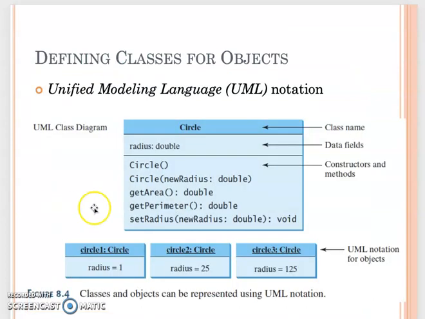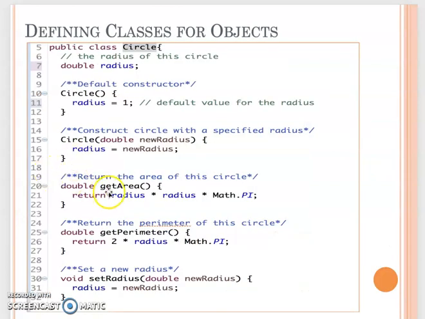Whenever you want to write a class, just follow the UML diagram I gave you and write one by one. We have getArea, getPerimeter, and setRadius methods, along with getRadius. For getArea, the return type is double, so we just return radius times radius times Math.PI, a constant from the Math class.